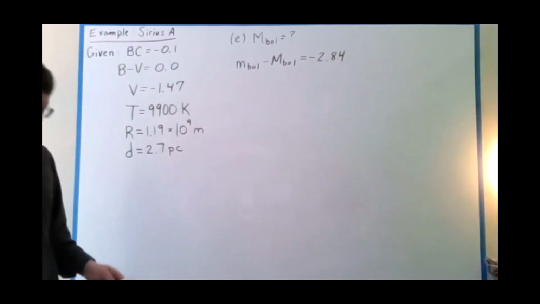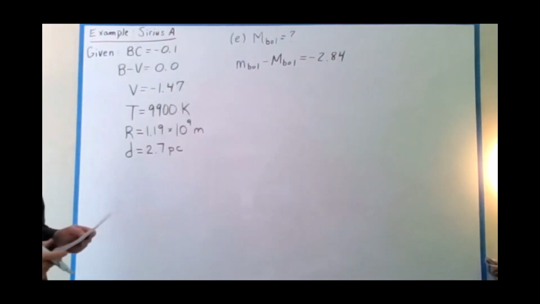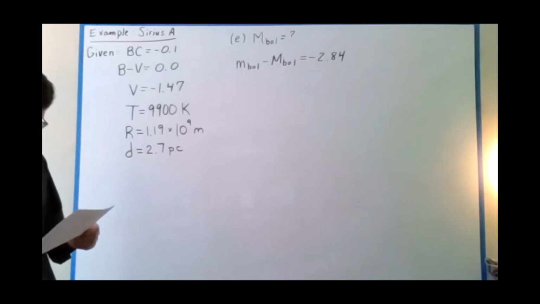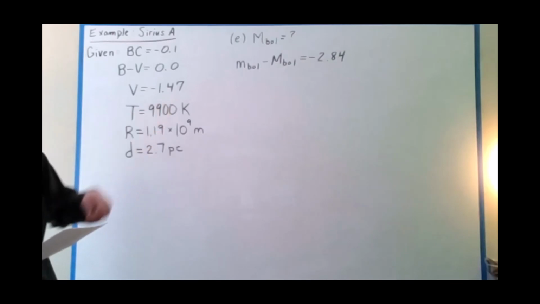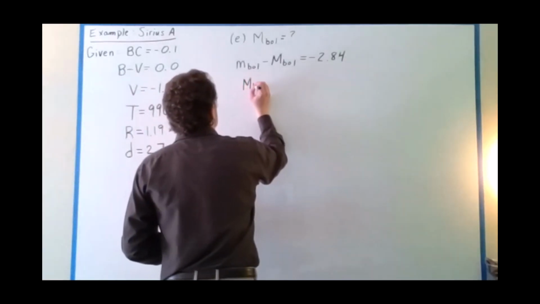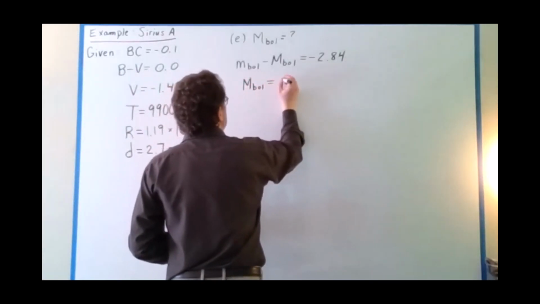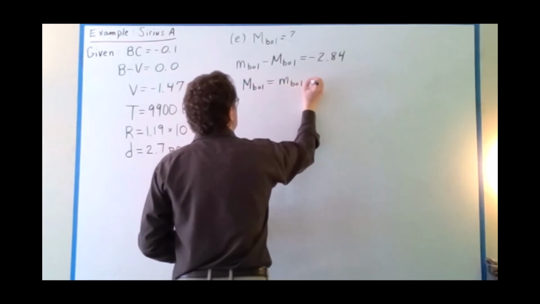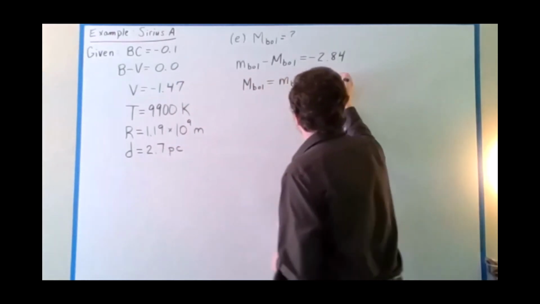And so we can go ahead and use our answers to part B and part D, which we've already used here, to find capital M sub bol. So capital M sub bol would be lowercase m sub bol plus 2.84.